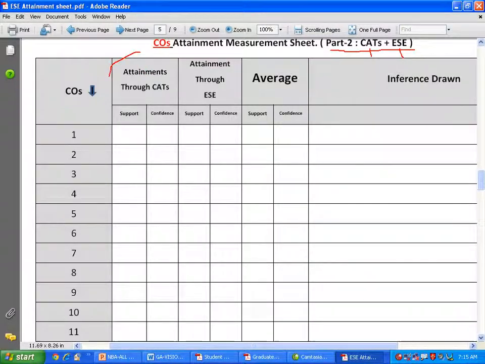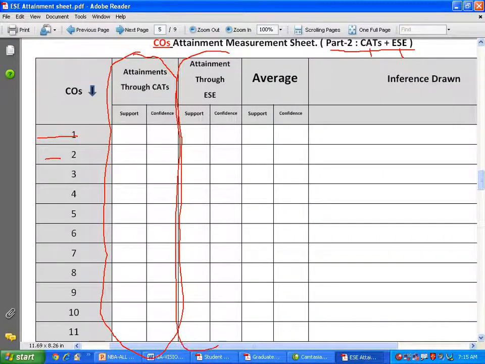This particular column speaks about attainment of all the course outcomes through continuous assessment tests, internal examinations. These two columns speak about attainment of course outcomes through the end semester examination. The last two columns speak about the average of all these things.